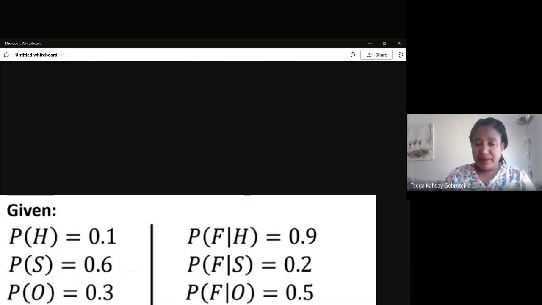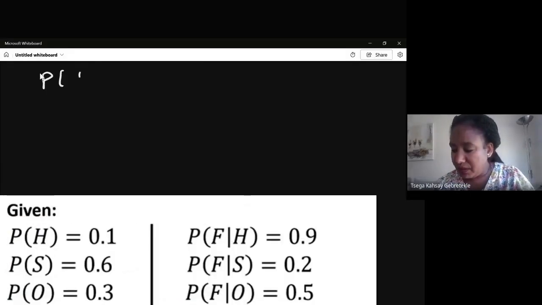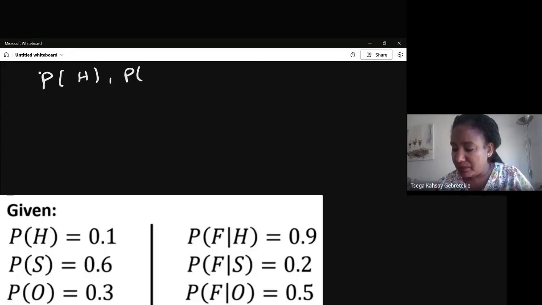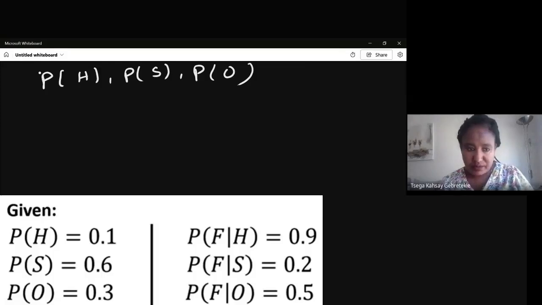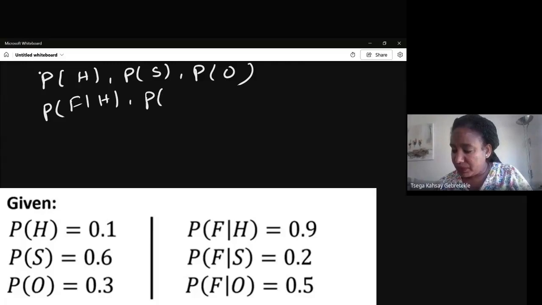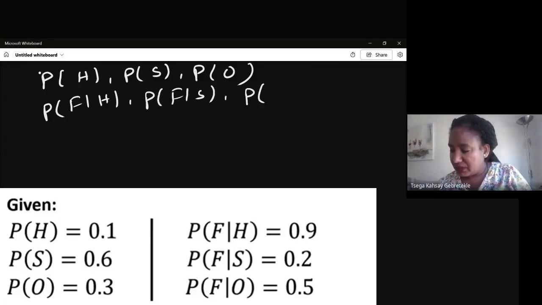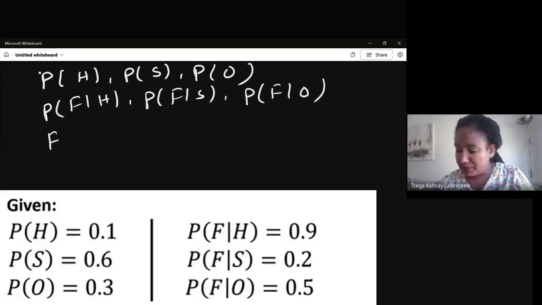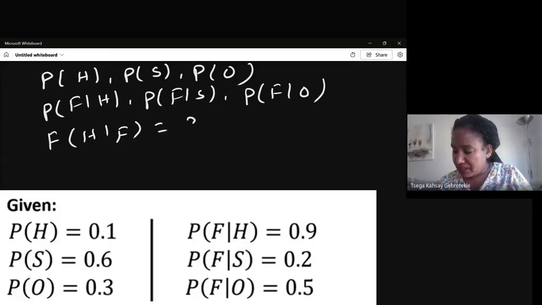So in example 5, we have probability of H, probability of S, and probability of O. We have probability of F given H, probability of F given S, probability of F given O. But we do not have probability of H given F. That is the question.